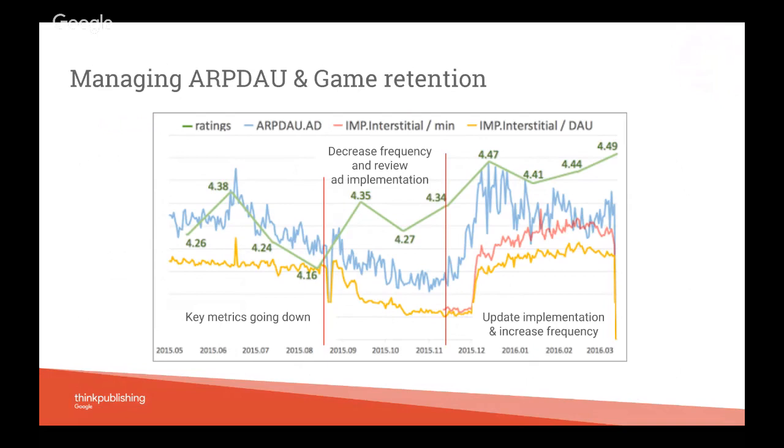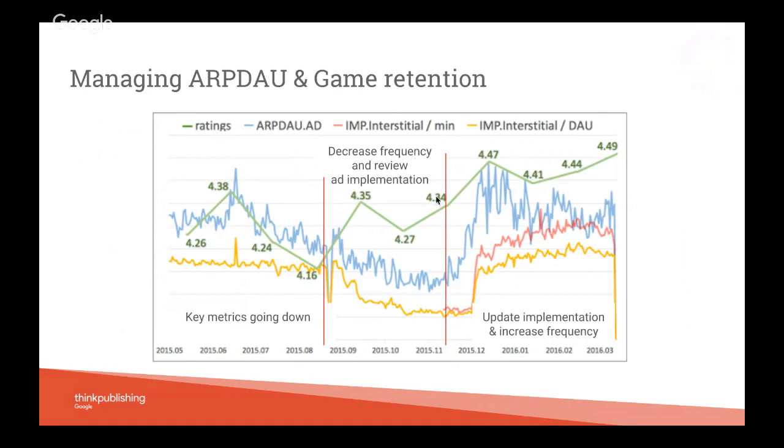In this example, when the developer noticed their app's rating coming down from 4.38 to 4.16, they did a very dynamic adjustment on their interstitial frequency, represented by the yellow line. Immediately they adjusted their interstitial frequency to a lower level, resulting in the uplift back of their higher user ratings and reviews.